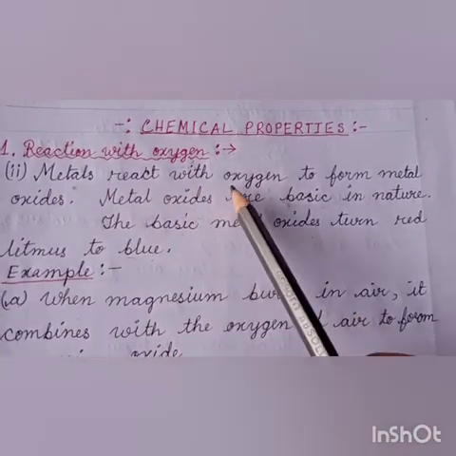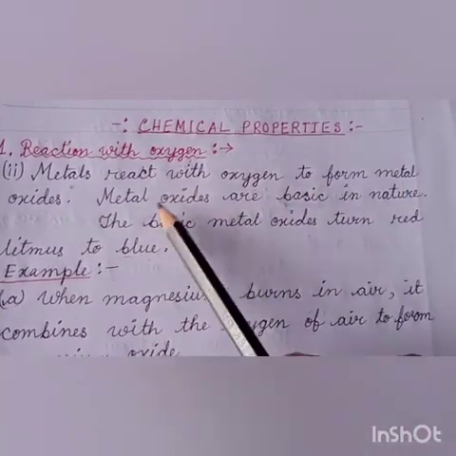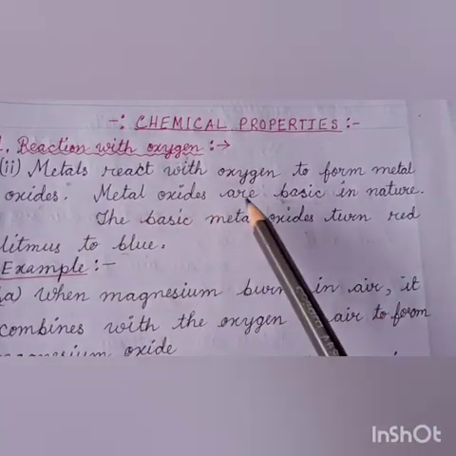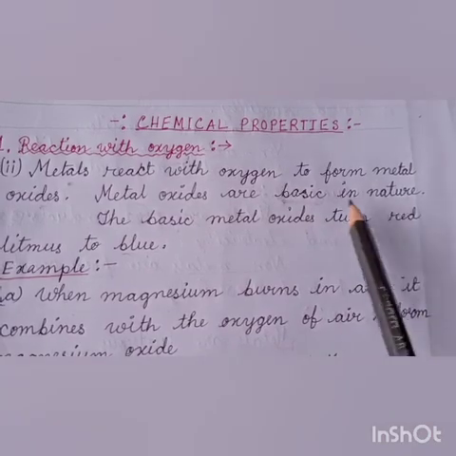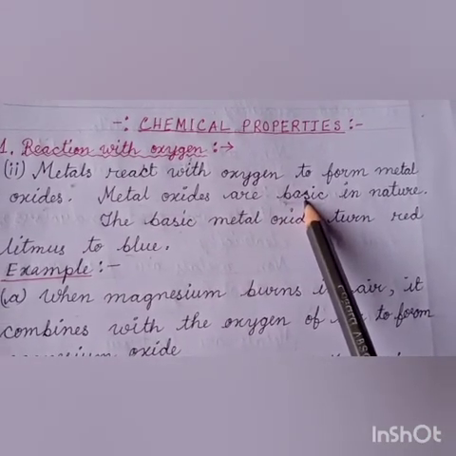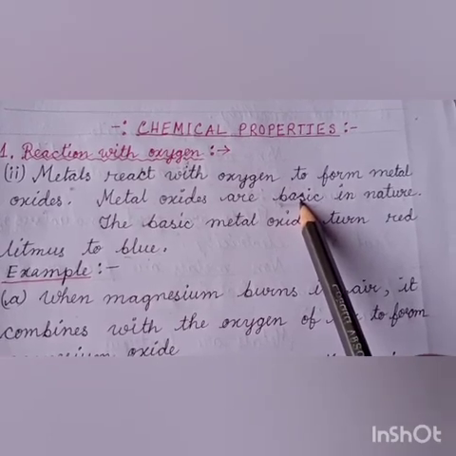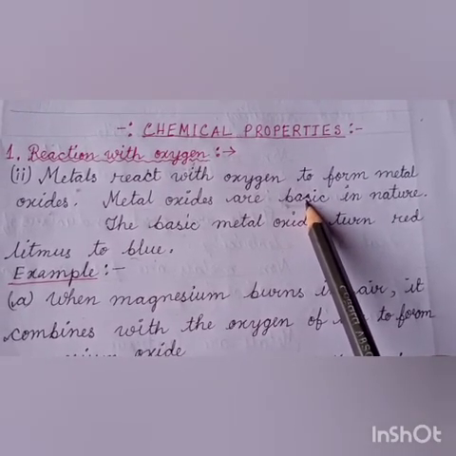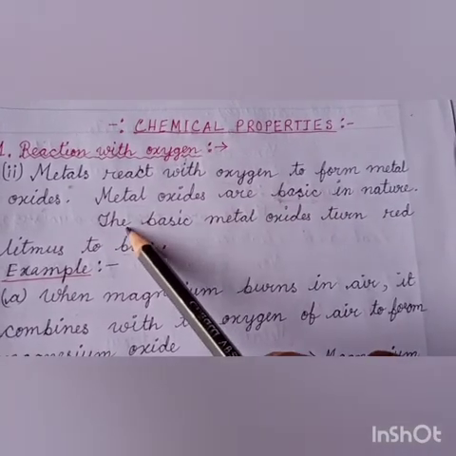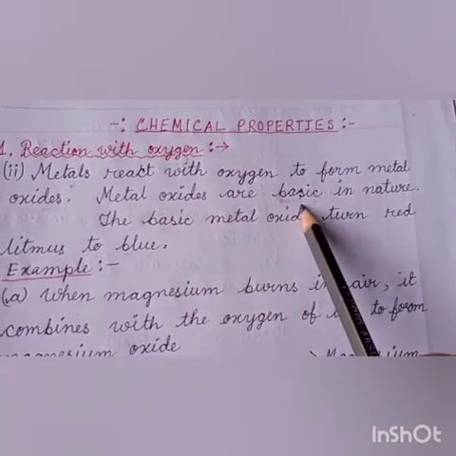Metals react with oxygen to form metal oxides. Metal oxides are basic in nature. You know what is acidic substance, basic substance and salts, because you got it in class 7. So metal oxides are basic in nature.